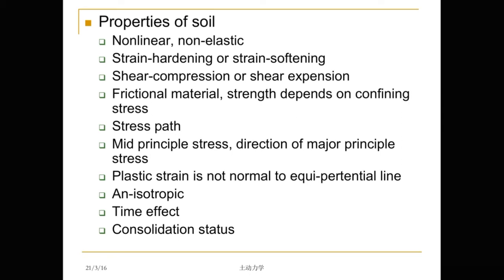If the dense sand tends to become loose, then the stiffness of this dense sand will decrease. That means the dense sand tends to soften. Then we define this phenomenon as strain softening. And we can also observe this behavior in other kinds of soil.